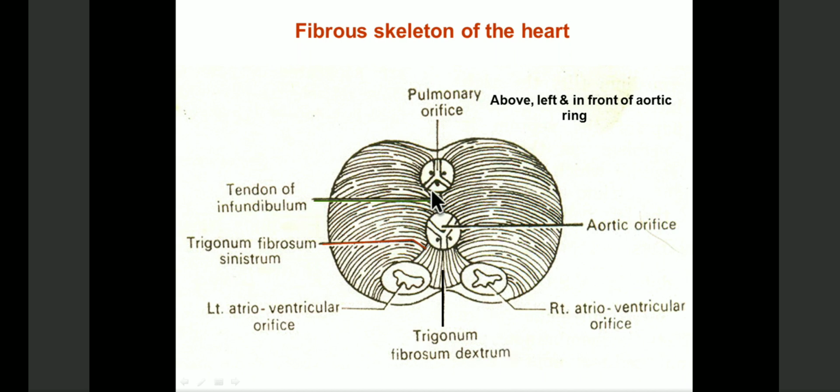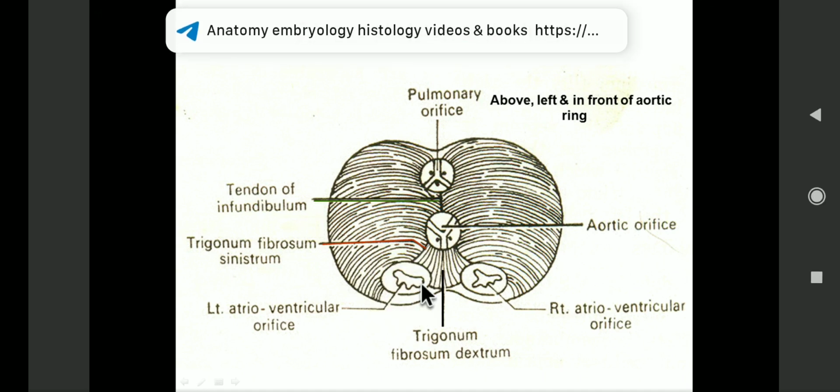So, a tendon of infundibulum connects the aortic and pulmonary orifices, the aortic with the right and the left atrioventricular orifices connected by pericardium fibrosum, and all these openings are surrounded by fibrous rings, which basically enclose these openings, and they are also called the fibrous skeleton of the heart.